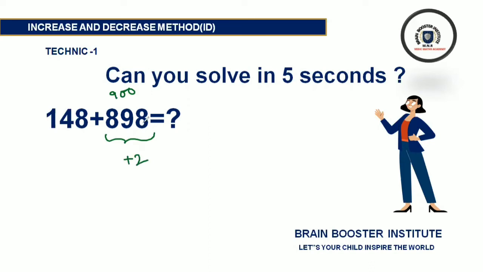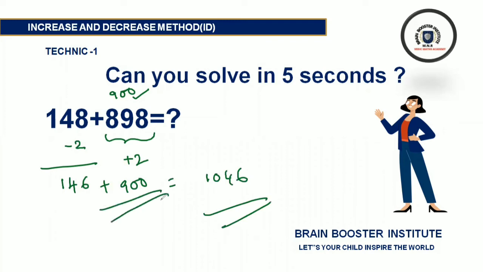So by adding plus 2 to 898, we can make it 900. And as we are doing plus 2, now we need to subtract 2 from here. Then by subtracting 2, we get 146. And by adding plus 2, we get 900. Now easily we can write here 1046 by adding this. It's very simple.